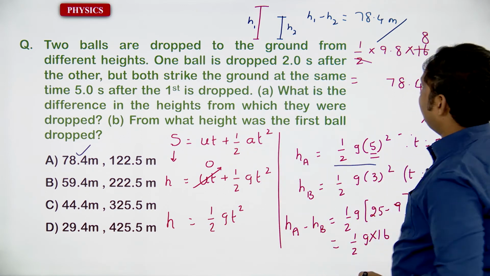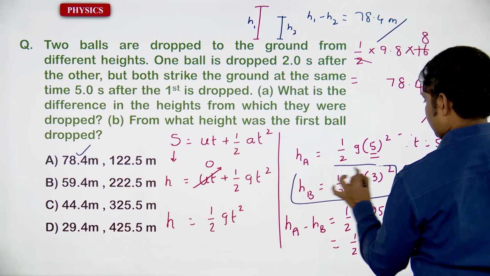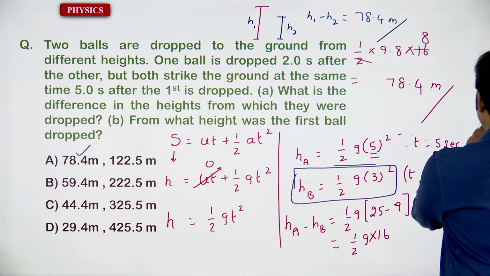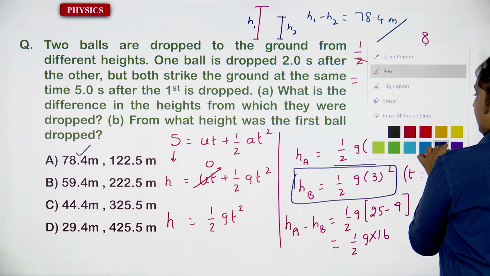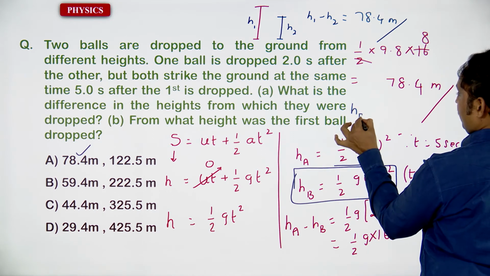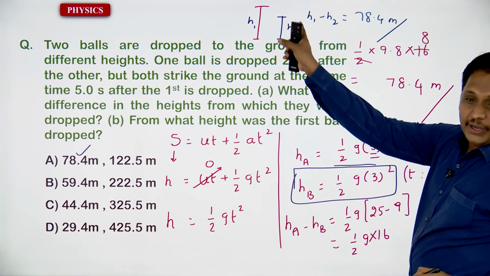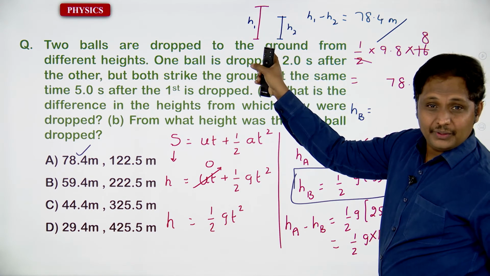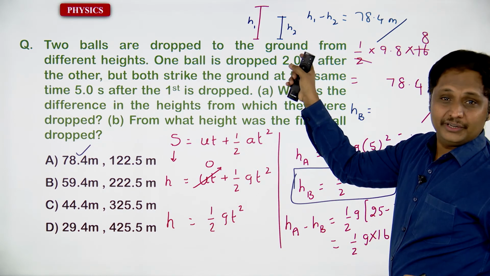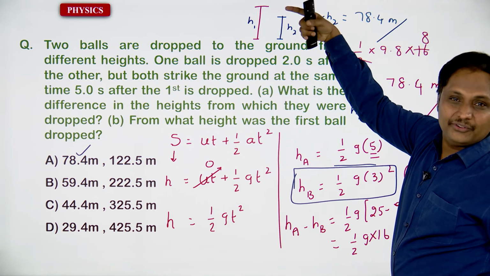So let's go for that. You have to estimate HB. If you know the vertical distance covered by the second ball, then you will add that difference, you will consider the difference.